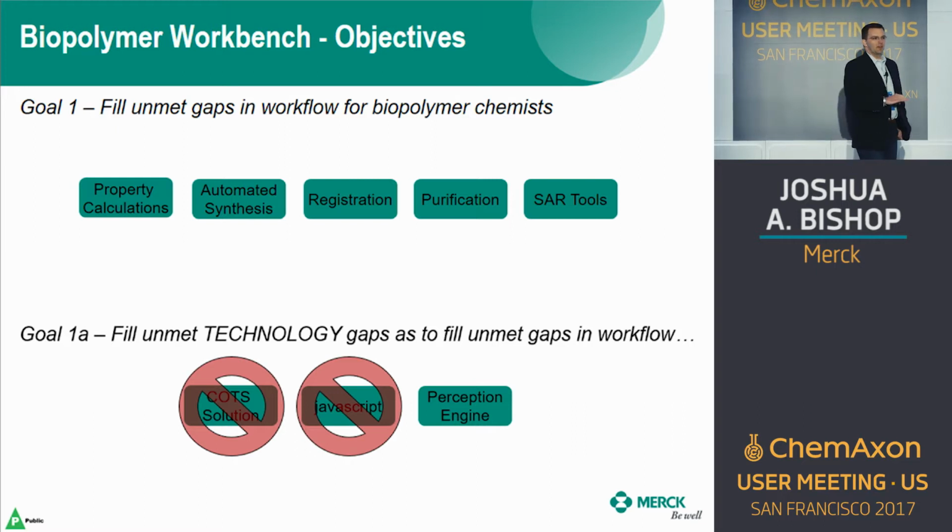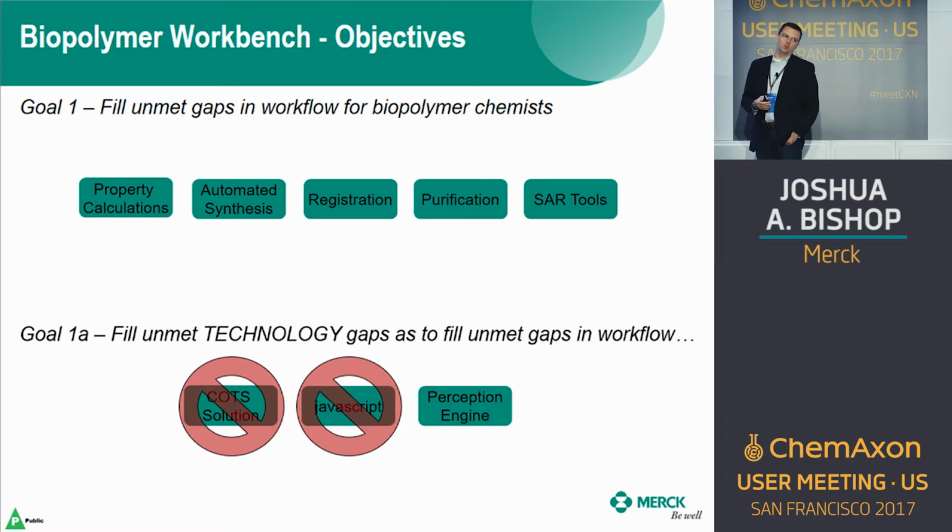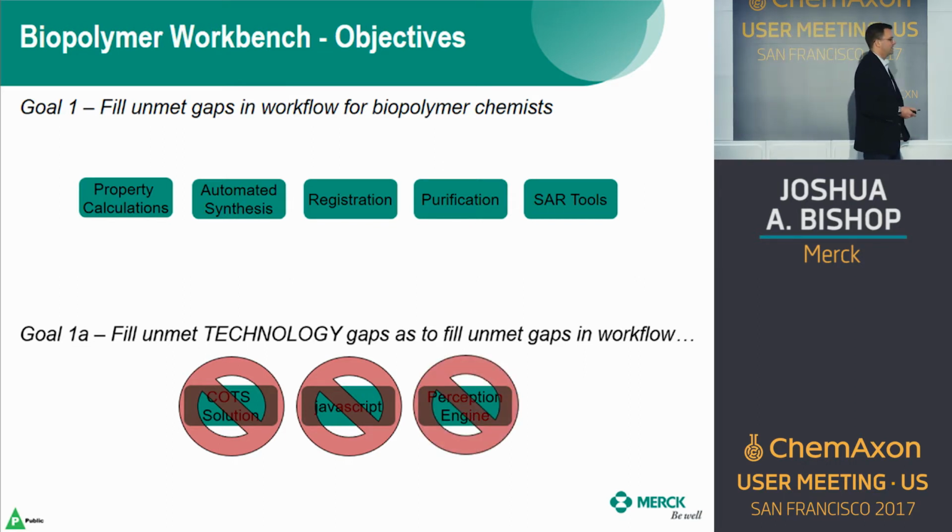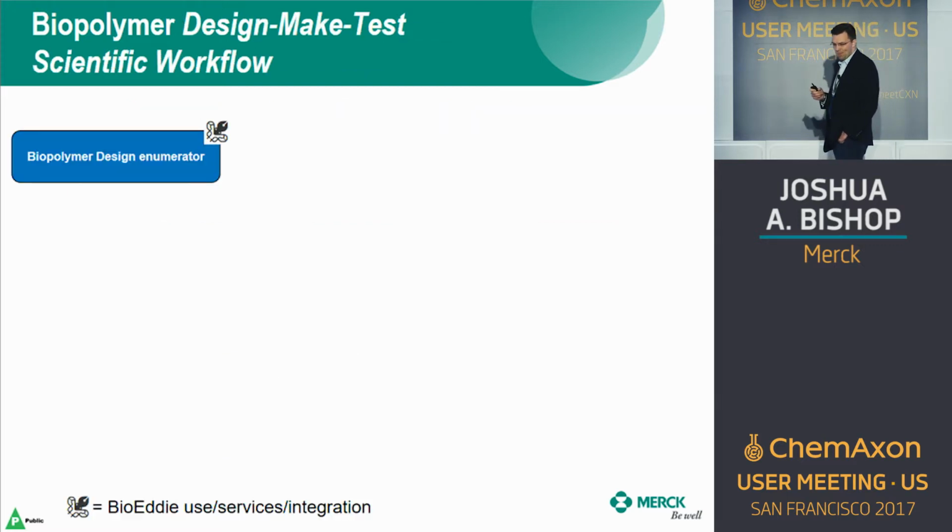We don't want to disrupt our chemists' workflow by introducing a requirement that they register their biopolymers as a sequence, or they search for their biopolymers as a sequence, or anything along those lines. They're used to working with structures. It's familiar to them. They want to be able to do that. And of course, that didn't exist either. So we had some unmet gaps to fill.